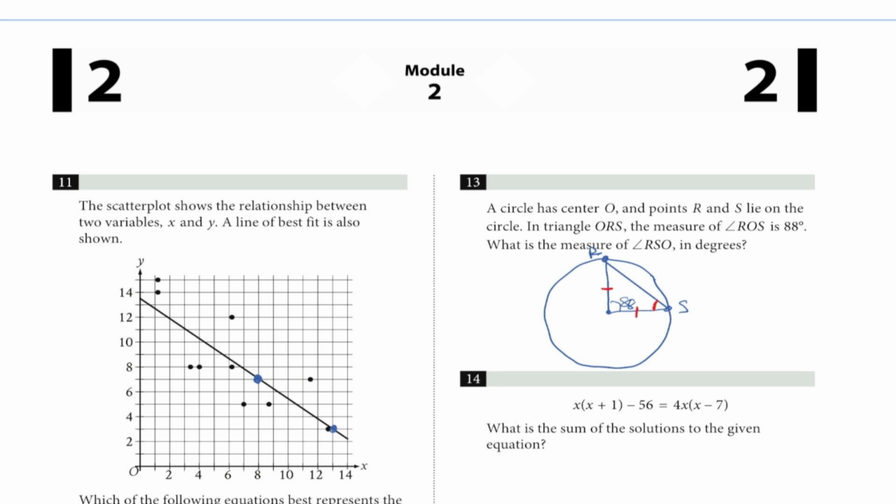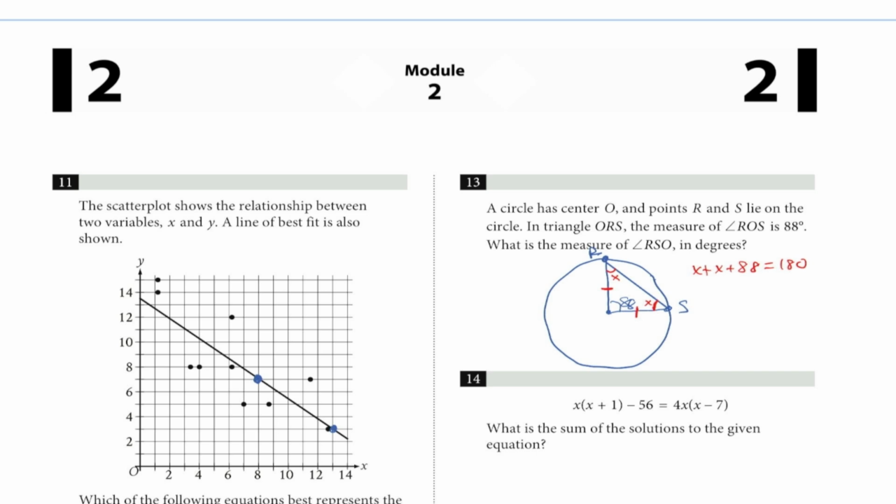So we just made an isosceles triangle, which means that our other two angles are base angles, and they have to be the same. So if we just call this x, and this is x, well, all those angles have to add up to 180 degrees. So we just made an equation that has one unknown.